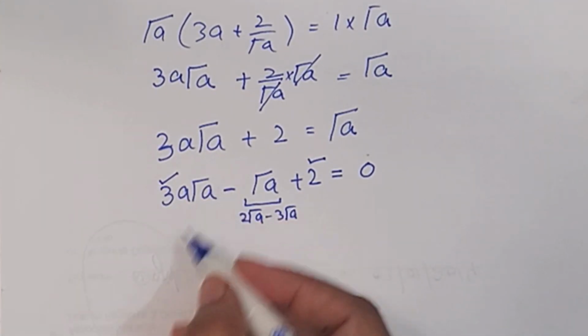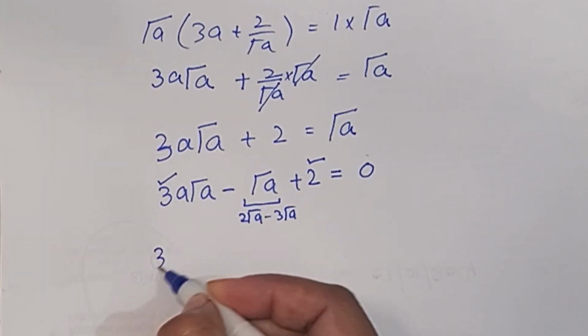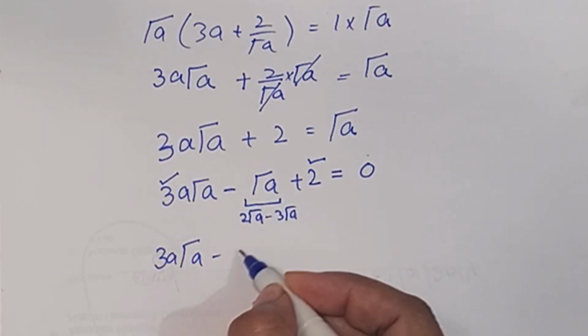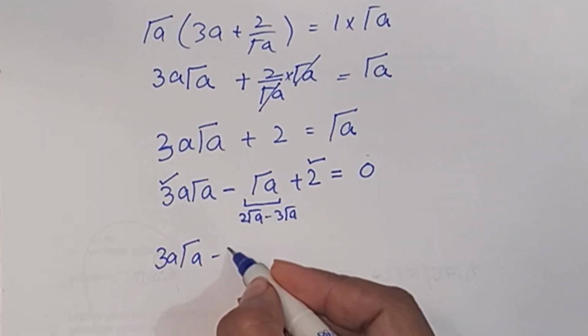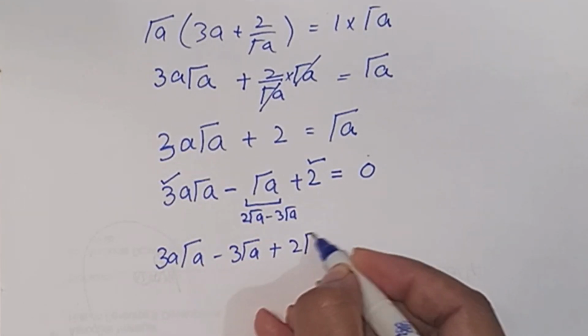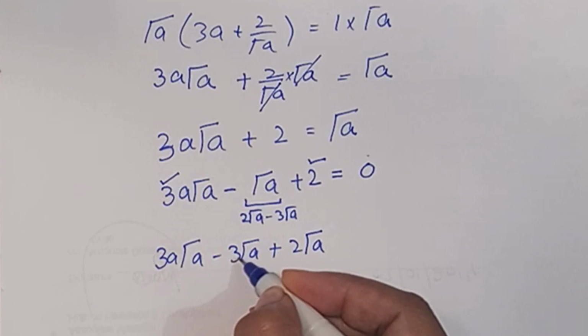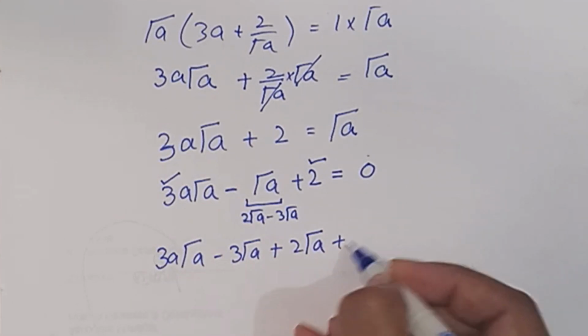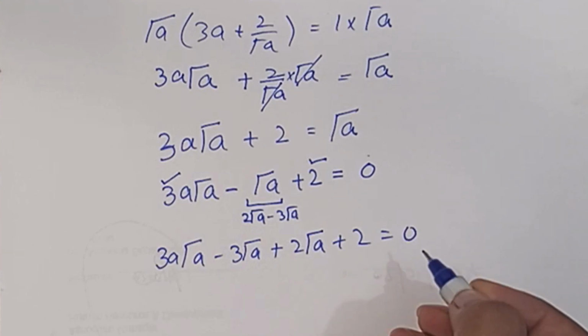So we write this as 3 times a square root a, we split this as minus 3 times square root a plus 2 times square root a, plus 2, it's equal to 0.